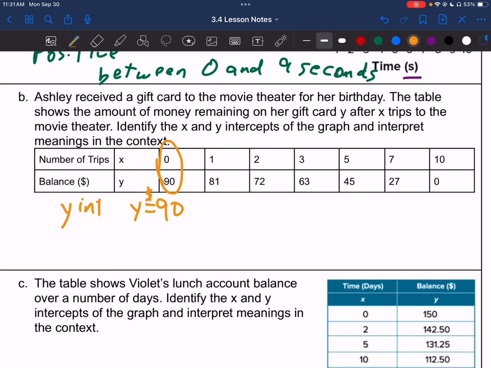And that is the money to start on the gift card.